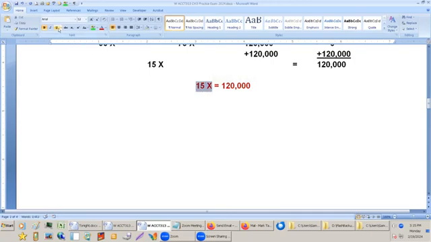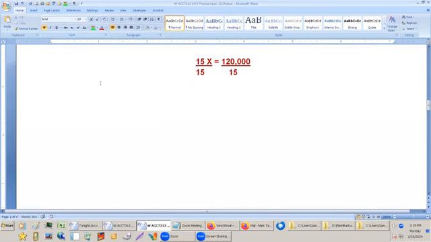Divide both sides by 15. So we come up with x equals 120,000 divided by 15. 8,000.